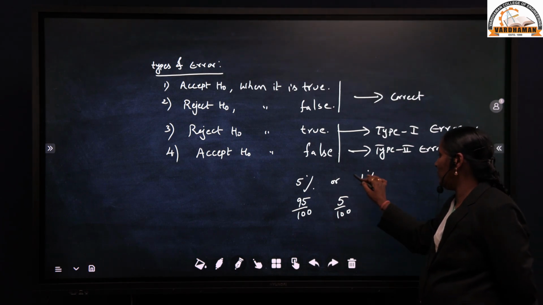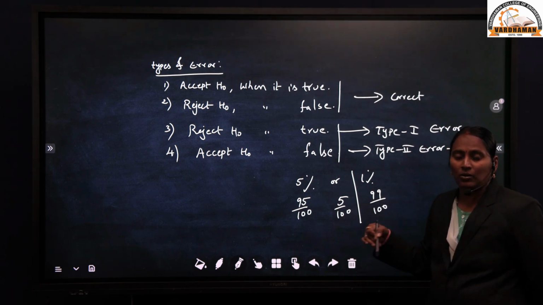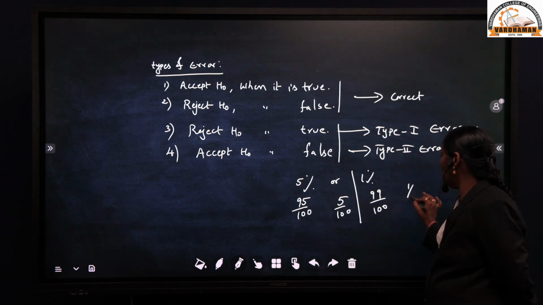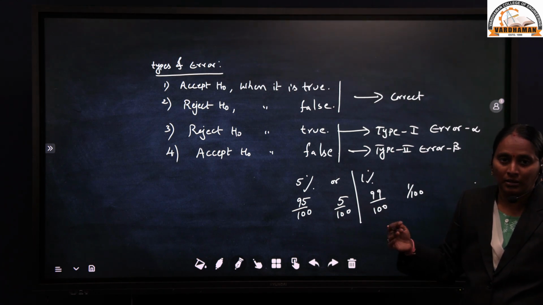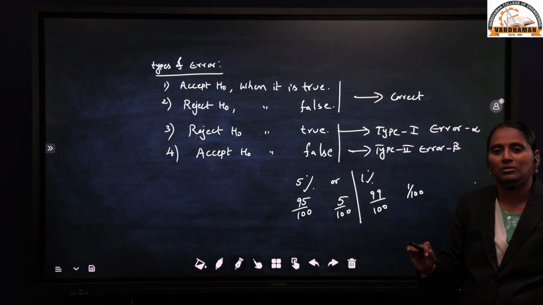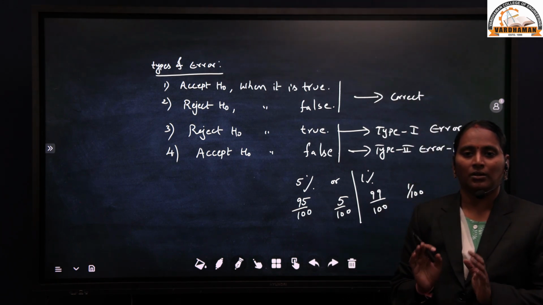In the same way, 1% means 99 people out of 100 are going with the correct statement. Our problem is the 1 out of 100 who will conclude reject H0 when it is true, or accept H0 when it is false. Our objective is to reduce the error.